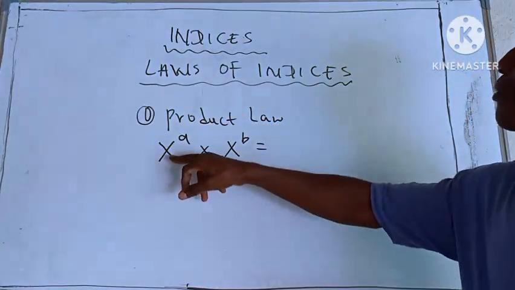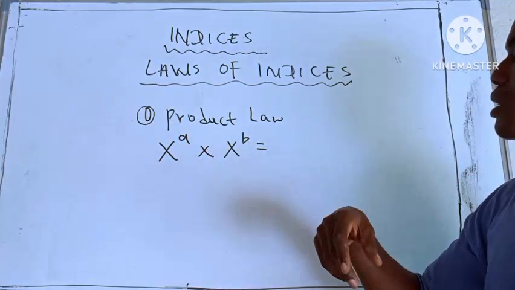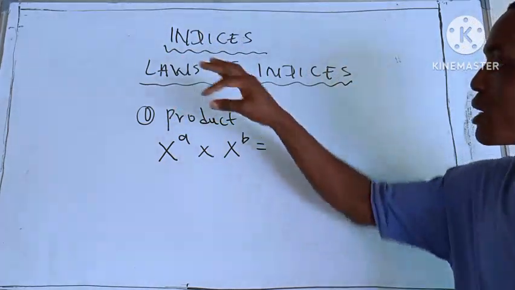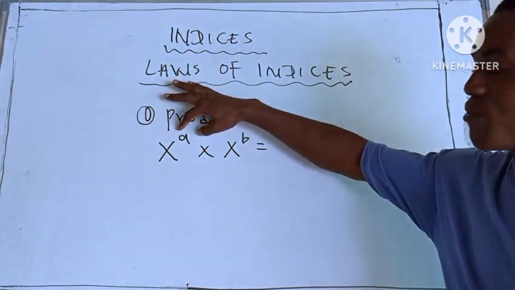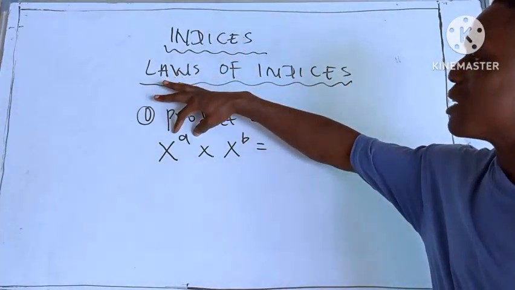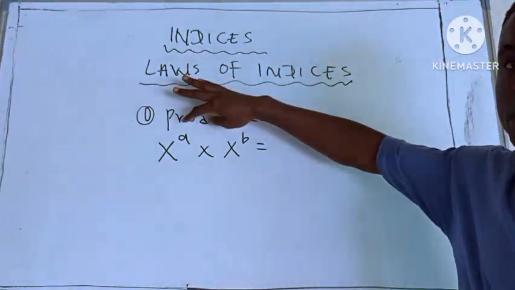So let's say we have x raised to power b. These upper numbers are called powers. You can either see an alphabet or a number on top.